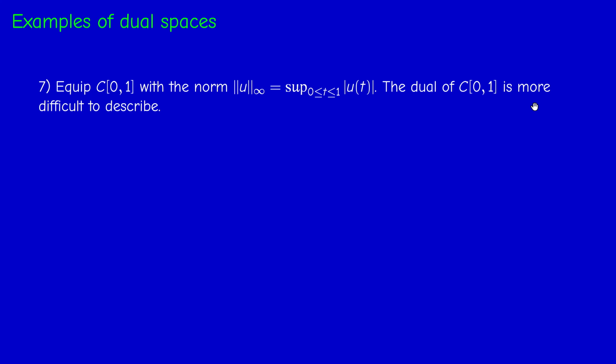but I just want to give you an idea. It's actually isometric to a space of measures. Okay, but we need to extend the notion of measure, because we learned the notion of positive measures. There's also the notion of signed measures. A signed measure can take negative values as well, but the series must be convergent.